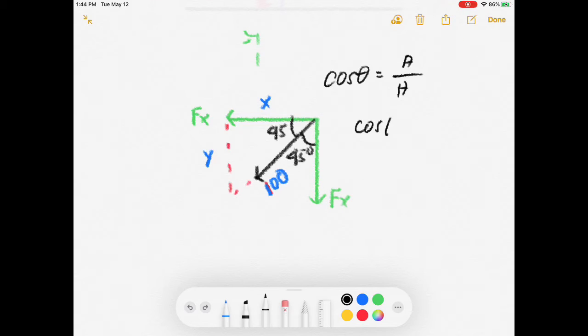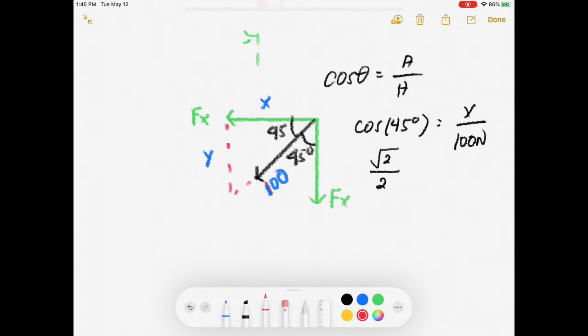Take note, when using this, the calculator mode should be in degrees. Since the adjacent is x and the hypotenuse is 100 Newton, cosine 45 is 0.707, or if you want to preserve the decimal points, square root of 2 over 2.